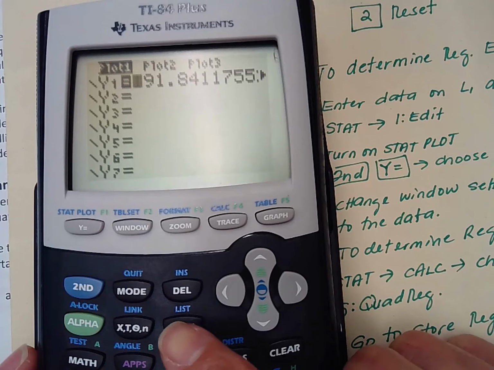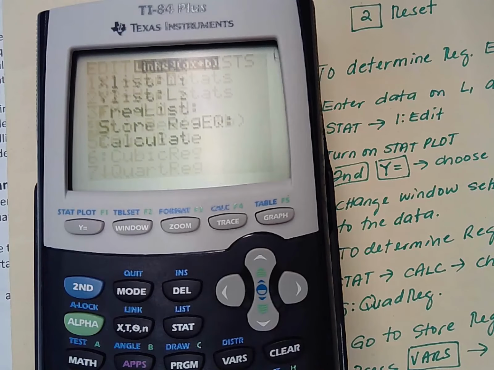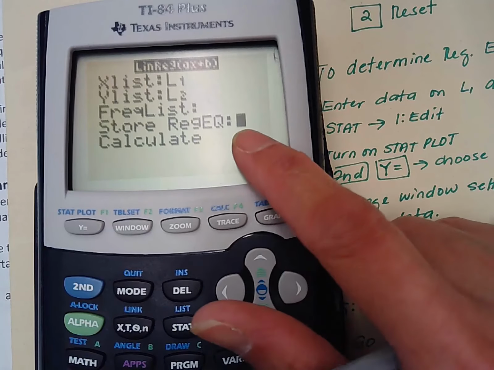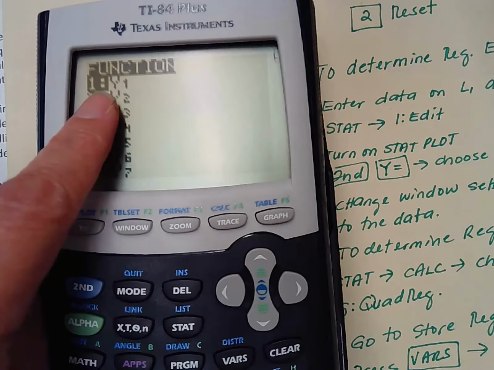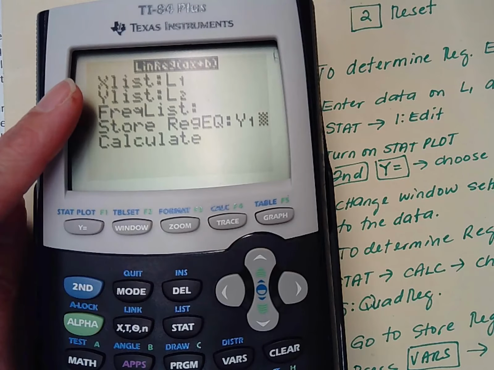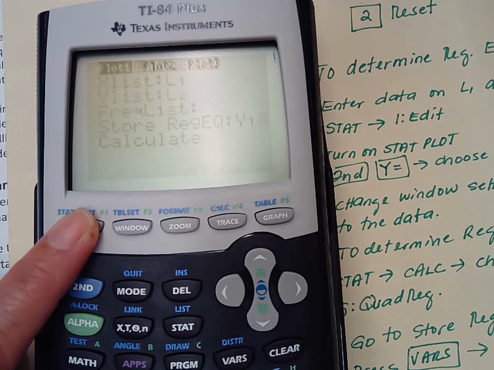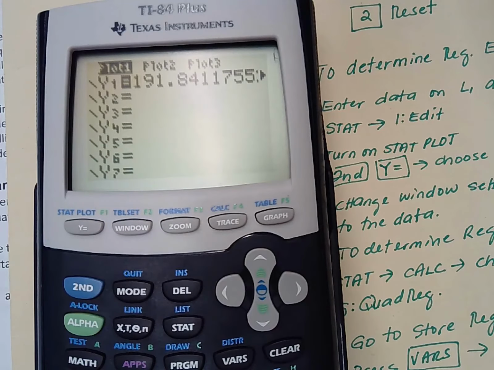Remember we said stat, calc, linear regression, and then we said we're going to store it in Vars, Yvars function, Y1. That's why it's there. We told the calculator that's where we want the equation to get stored, so it got pasted there because we told it to.